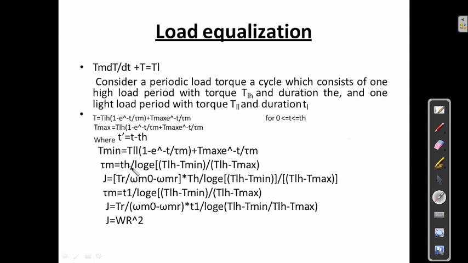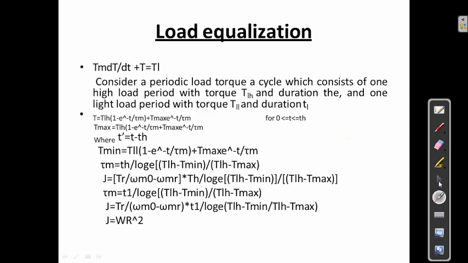So J = (Tr/(ωm0 − ωmr)) · th / loge[(TLH − Tmin)/(TLH − Tmax)].